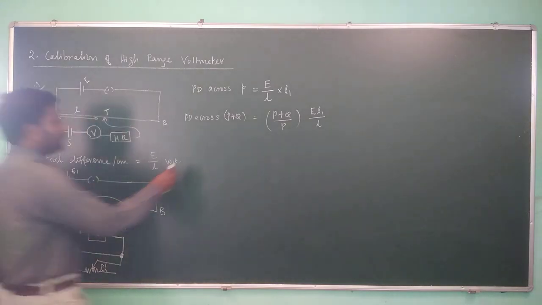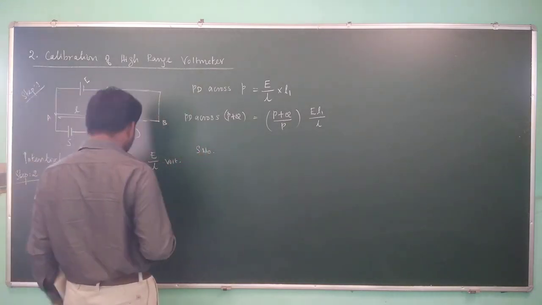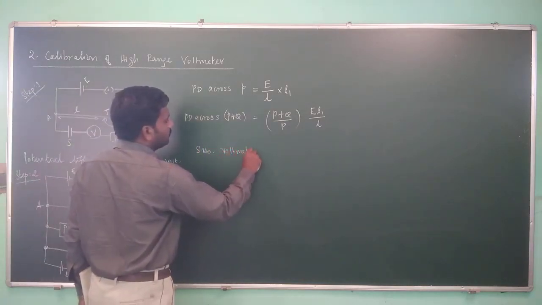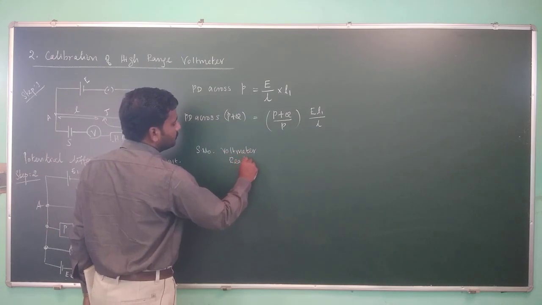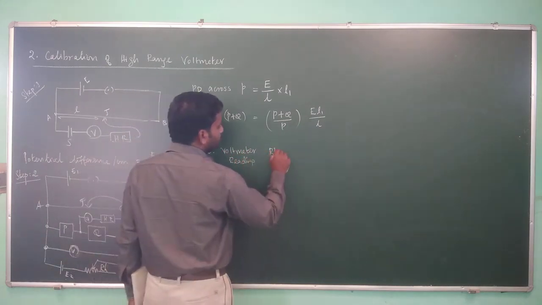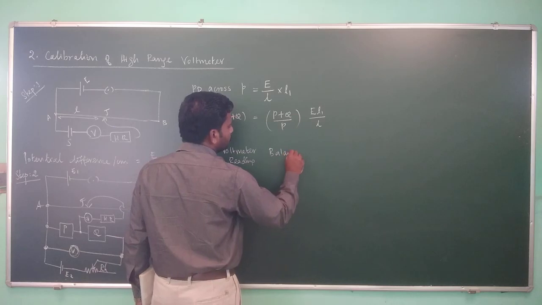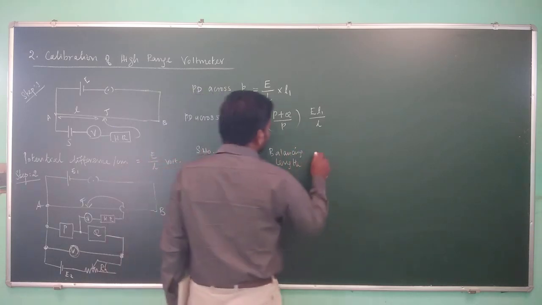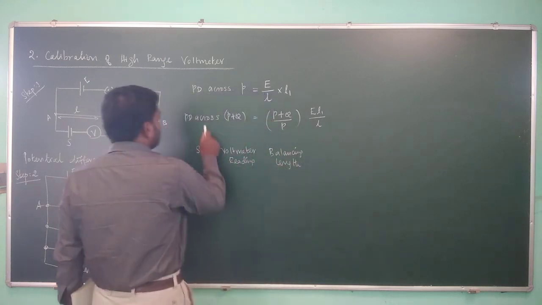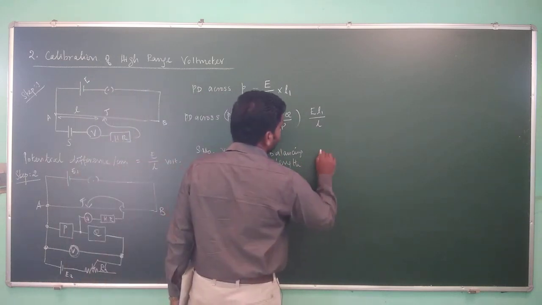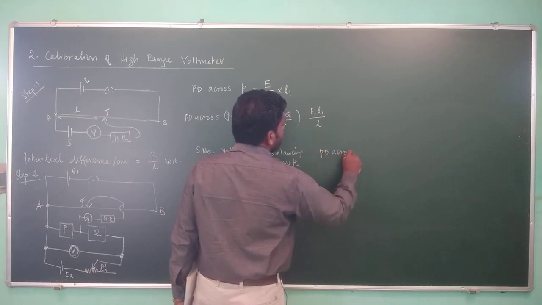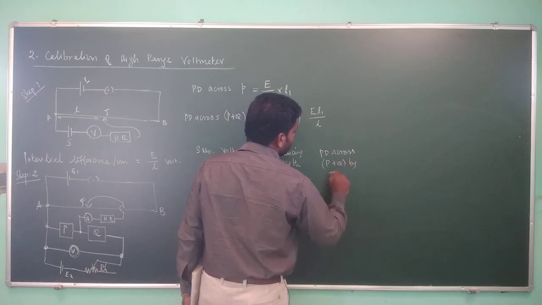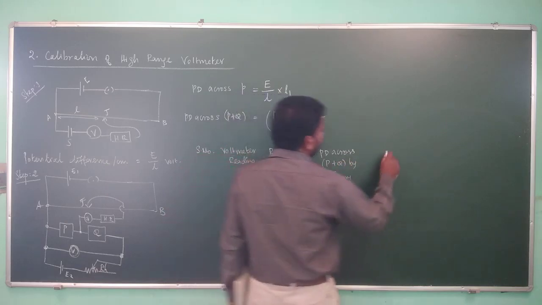So for that we have to make a tabular column. Serial number, voltmeter reading, then balancing length, then PD by theory, PD across P plus Q by theory, then correction.